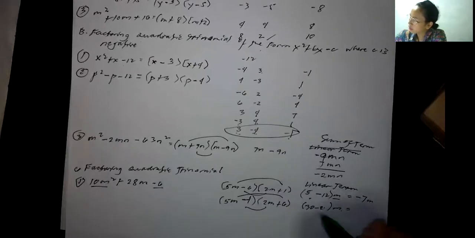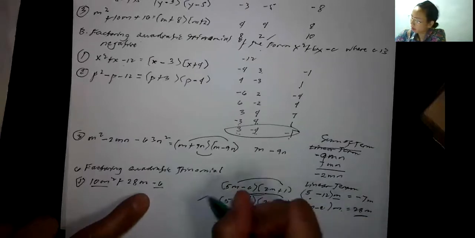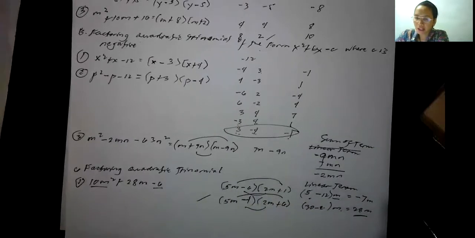So the difference of this is 28m. So which is correct now for the middle term? So the factors of 10m squared plus 28m minus 6 are 5m minus 1 and 2m plus 6.